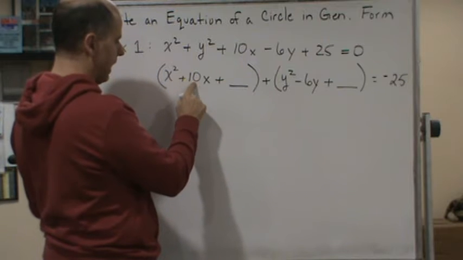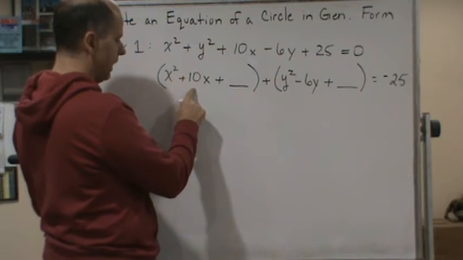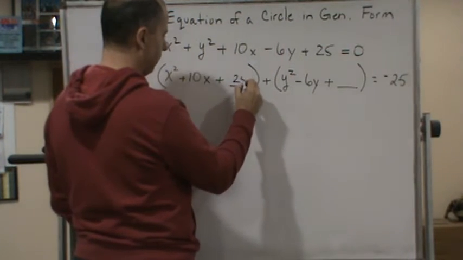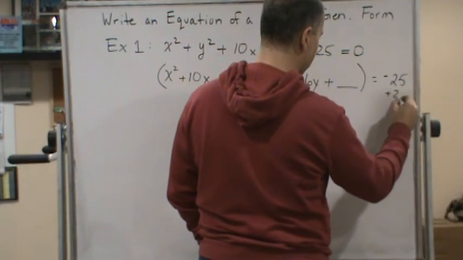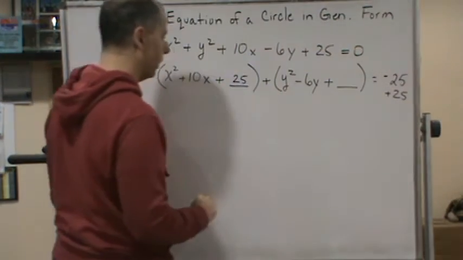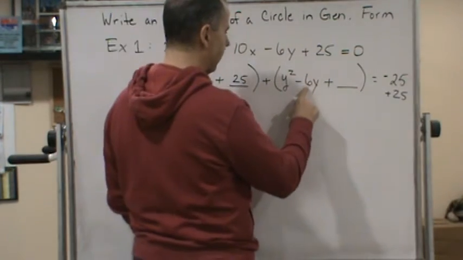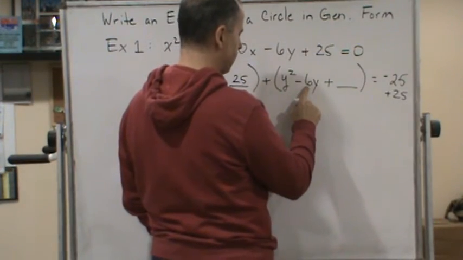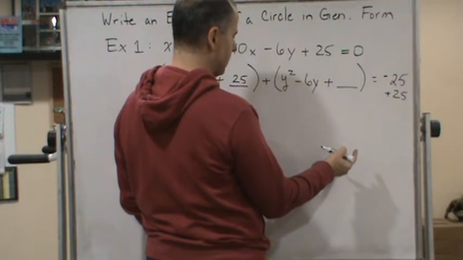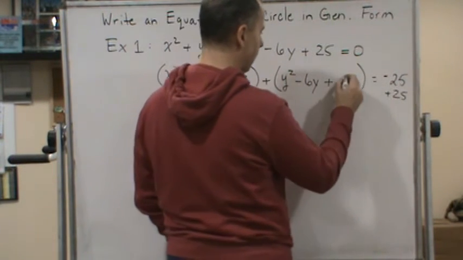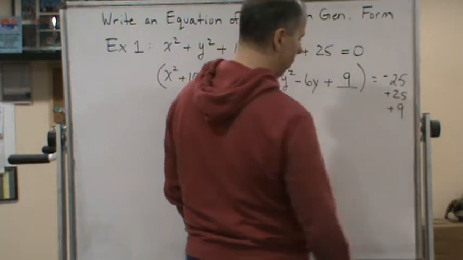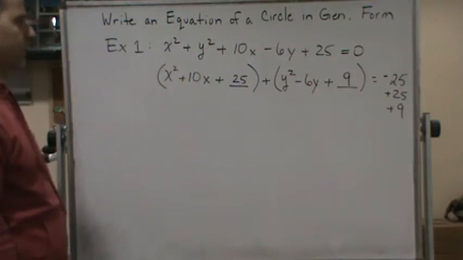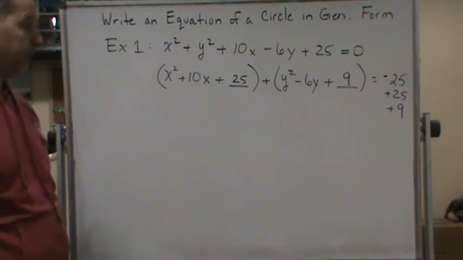If I take 10, divide by 2, and square it, I get 25, which means I have to add 25 over here. Then if I do the same thing here, negative 6 divided by 2 is negative 3, square it, I get 9, which means I'm going to have to add 9 over on this side to keep everything balanced.